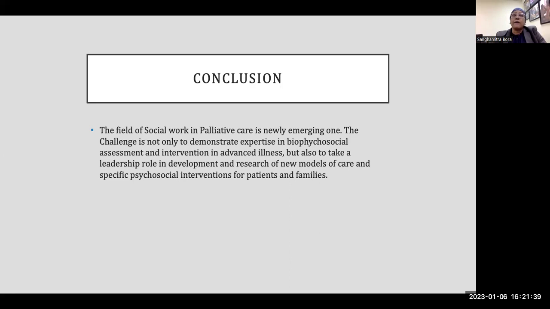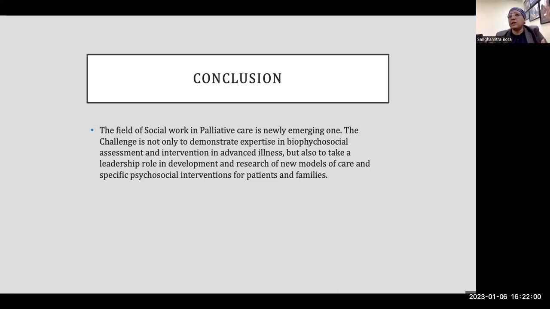I do not know how many social workers are there in today's session, but I believe that we all are delivering some kind of social work to society through palliative care work.